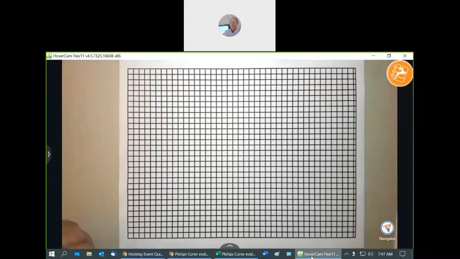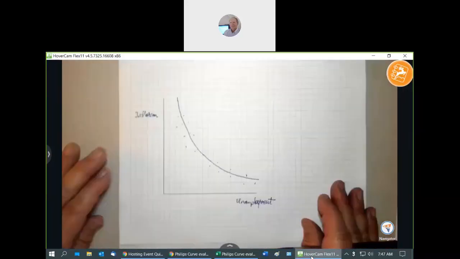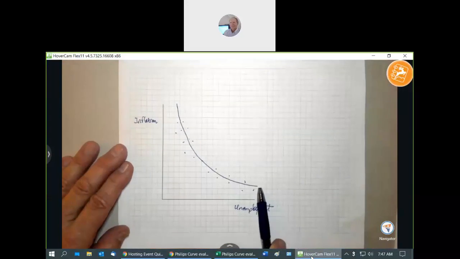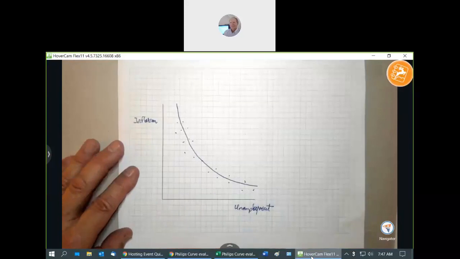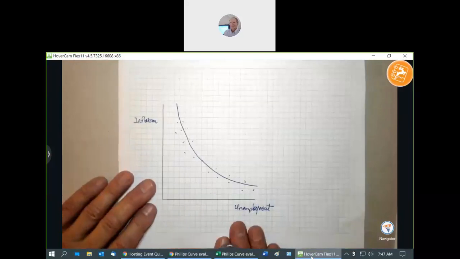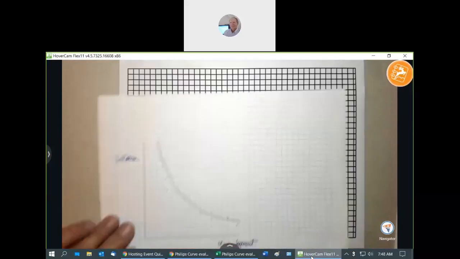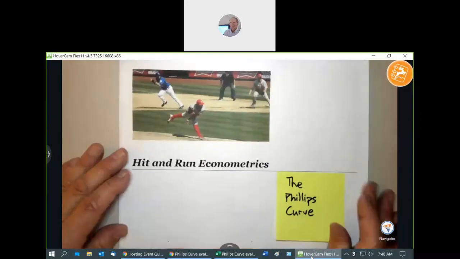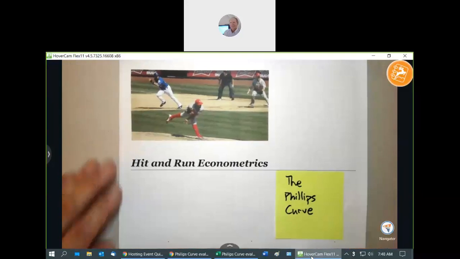Now remember, the thing that made us do this weird calculation was actually the power of the approach. It was a nonlinear Phillips curve that we got by using the reciprocal of unemployment as this variable. We could always keep it linear, but if we did, we wouldn't get nearly as good an estimate. And that is a hit and run on the Phillips curve.